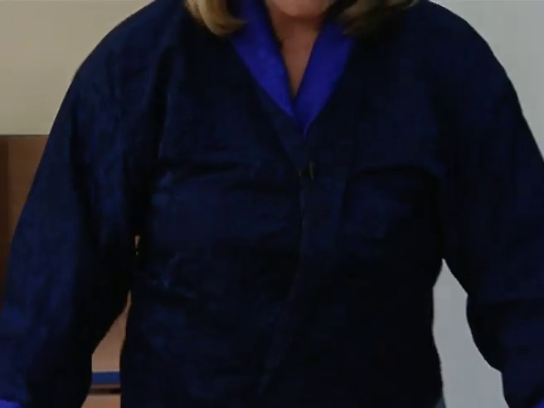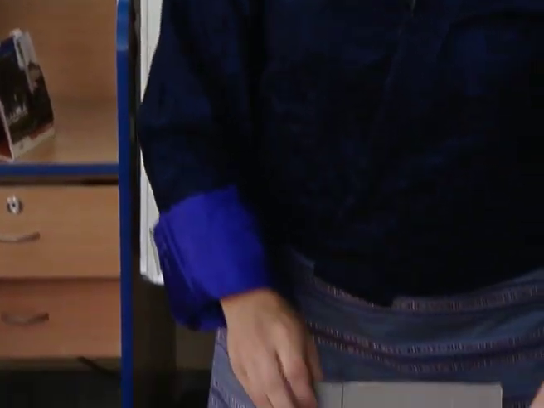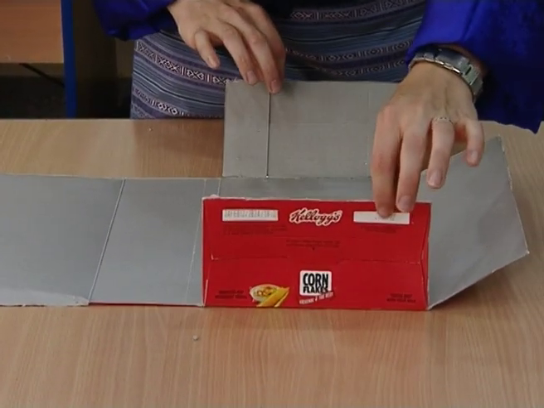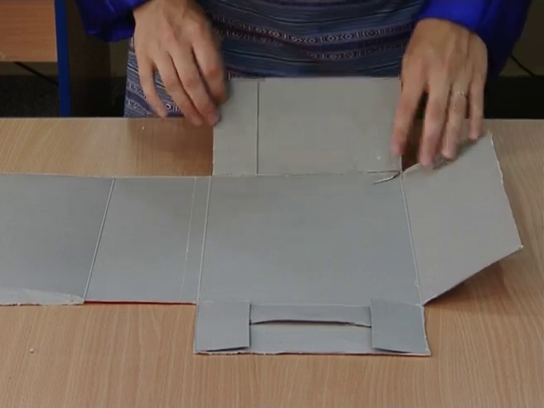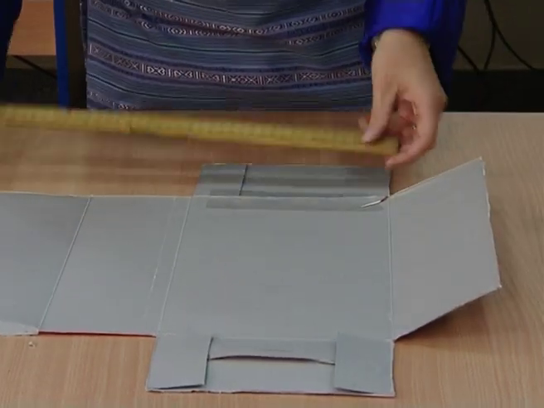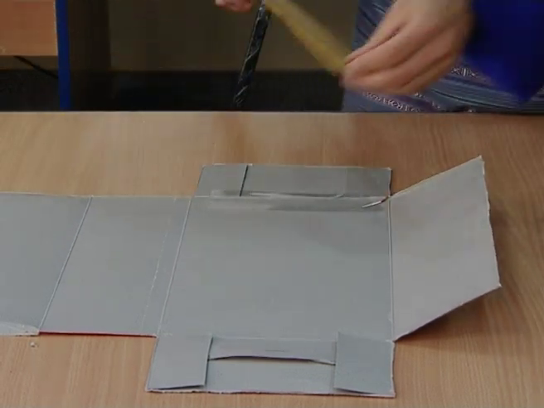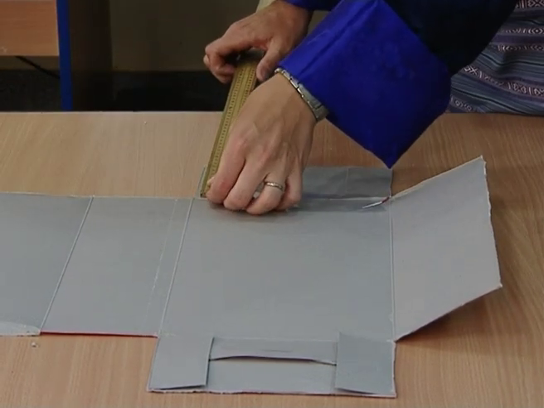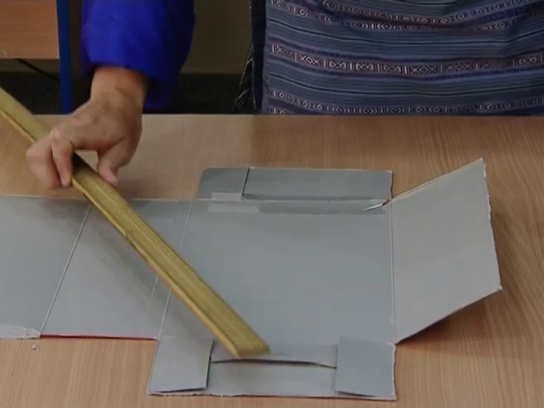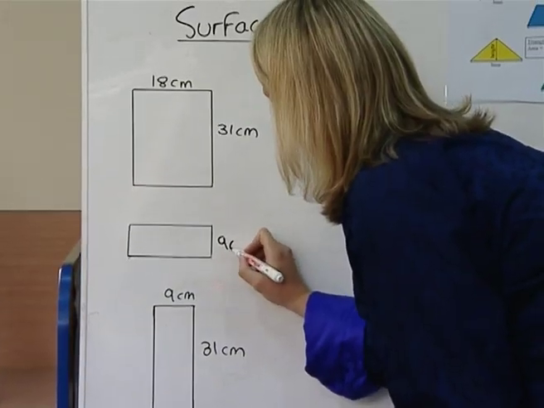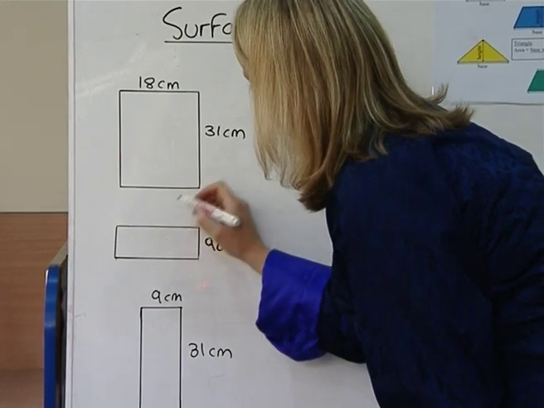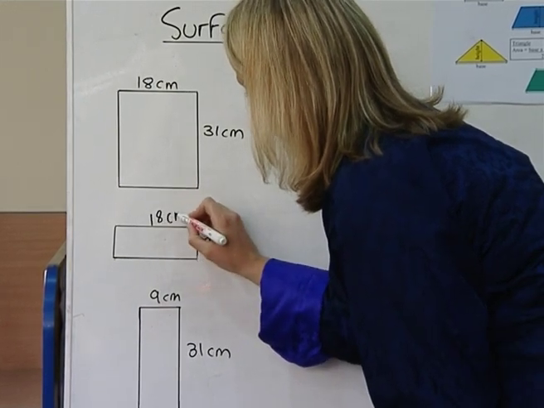And finally, let's have a look at the face that makes up the top and bottom of our box, which is this face here. And this one should have the same width as the first rectangle, which is 18 centimetres, and it has a height of 9 centimetres. So they all tie together. So we've got 9 centimetres and 18 centimetres.